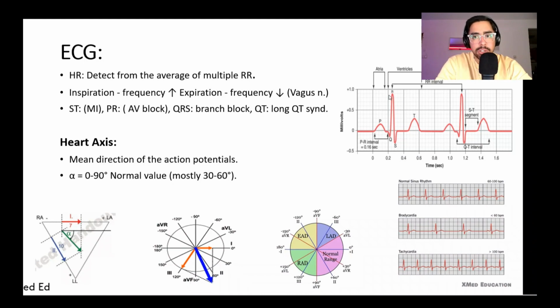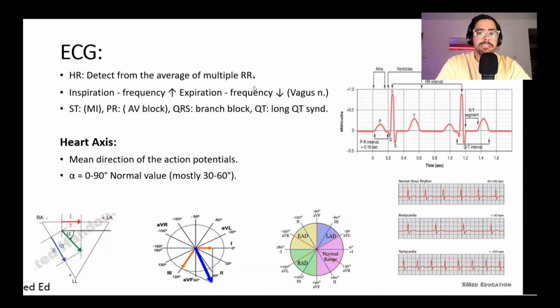Then we have QRS. For the QRS, we have to know how wide it is. Is it narrow? Is it wide? If it's narrow, it means something. If it's wide, it means another disease. And there is another measurement from Q to T, and there is the ST part. All of them have a meaning.